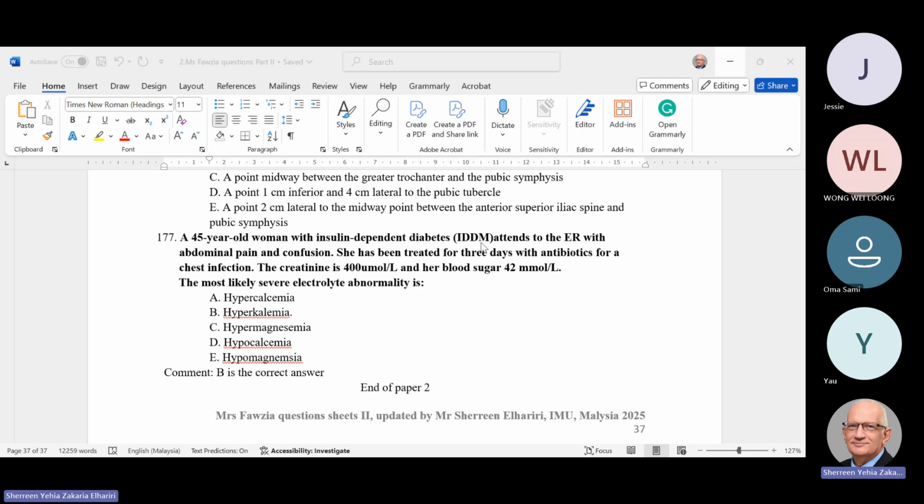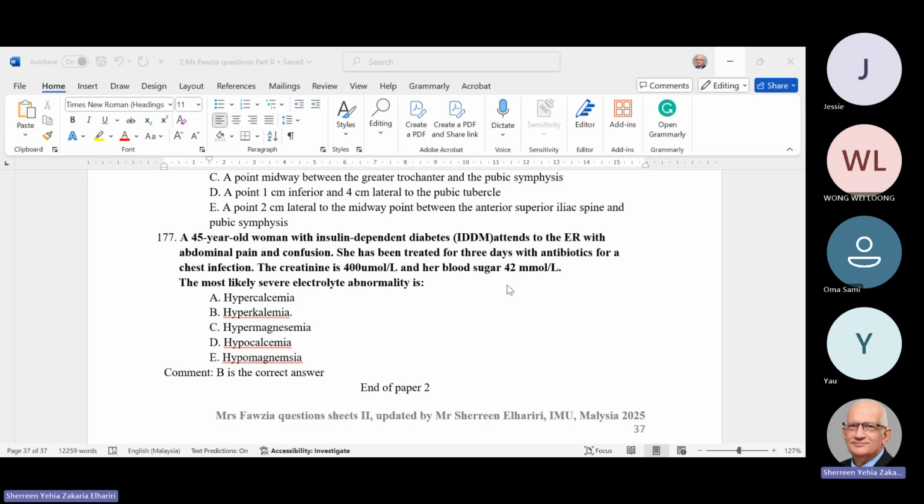A 45-year-old woman, insulin dependent, attends the emergency department with abdominal pain and confusion. She has been treated for 3 days with antibiotics for a chest infection. Creatinine is very high and blood sugar is very, very high. What is the most likely electrolyte abnormality? This question has a lot of debate.